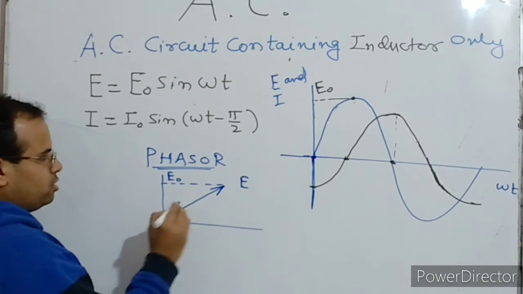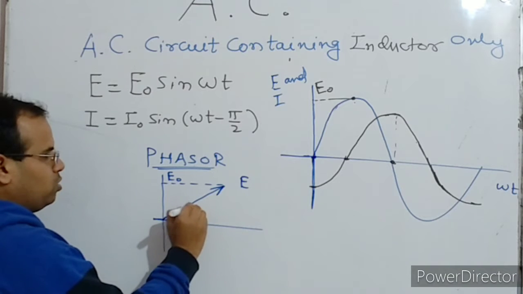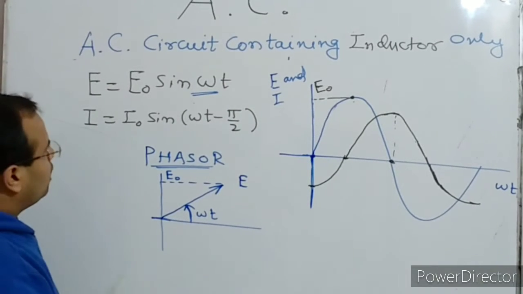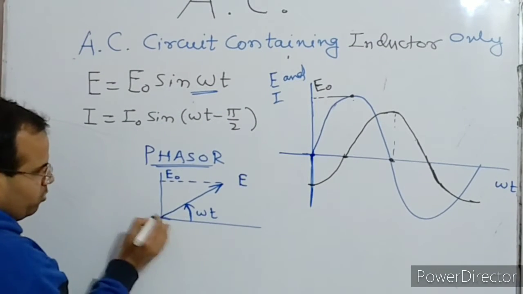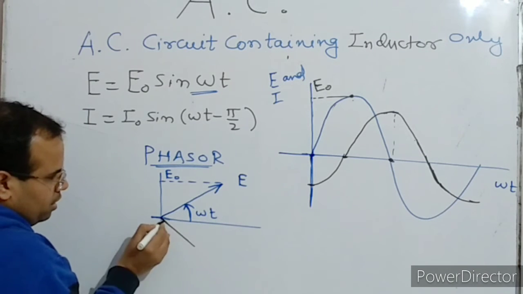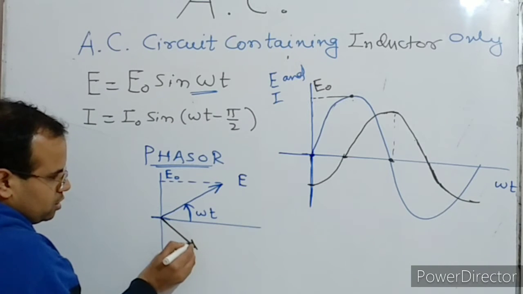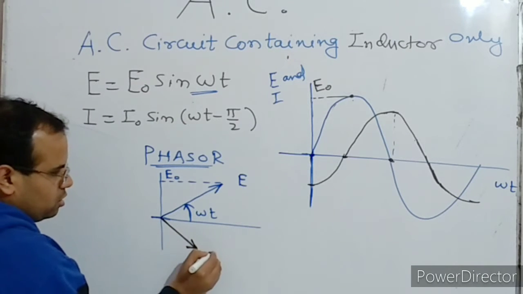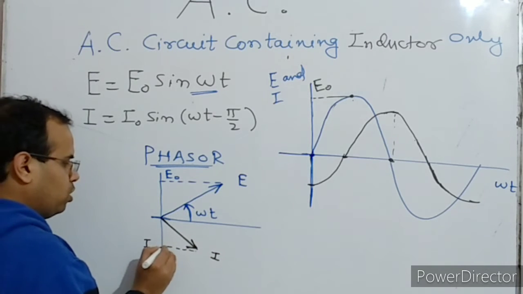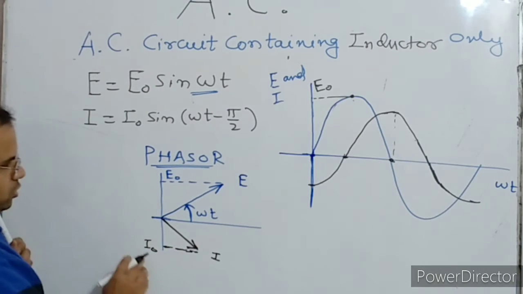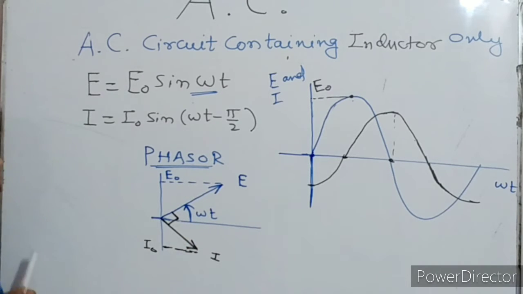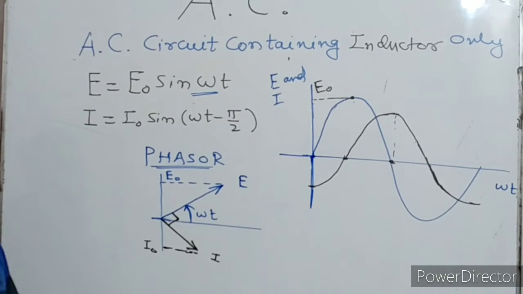This angle is omega t, as we know E equals E naught sin omega t. As far as the current is concerned, current is lagging behind the EMF. Behind means this side, by convention. So the current is here. This is the current I, and this is I naught. So current is lagging behind the EMF by angle pi by 2.